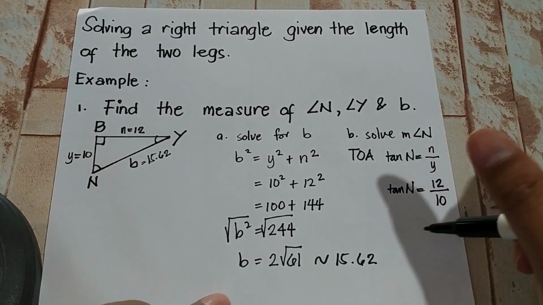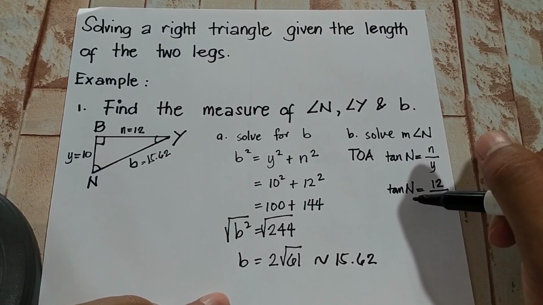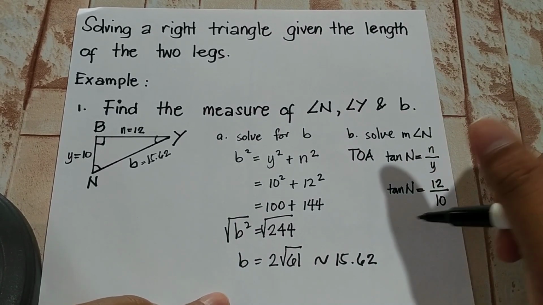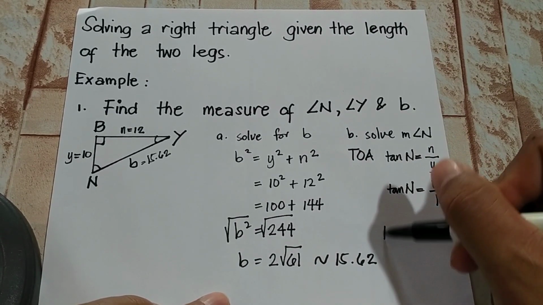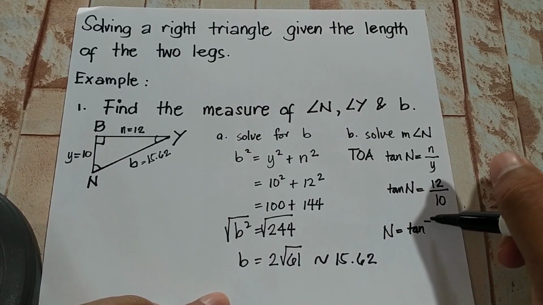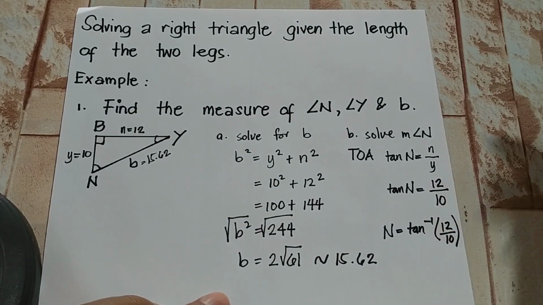Since we're looking for the measure of angle N, we have to transfer tangent to the other side, so that would be an inverse. N is equal to tangent inverse of 12 over 10.